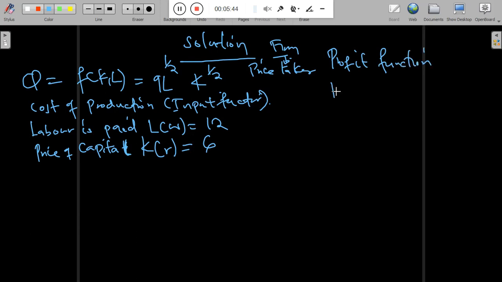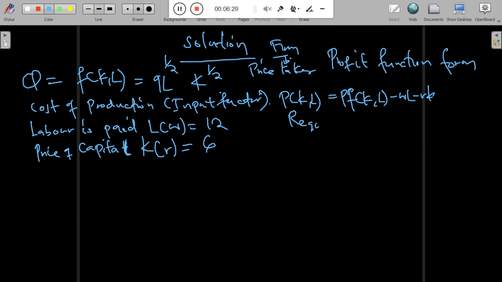But also now you are required to calculate the profit function. The profit function is given as Π(K,L), which is equal to the production of capital and labor minus WL minus RK.